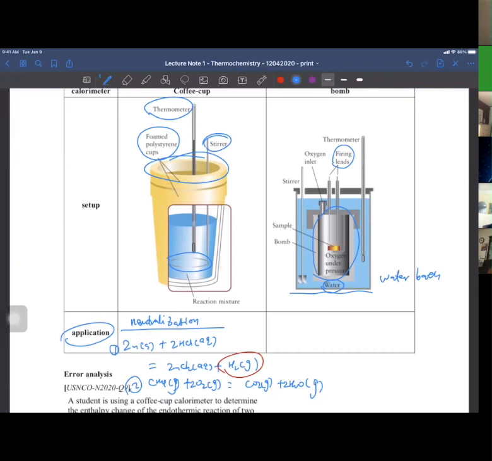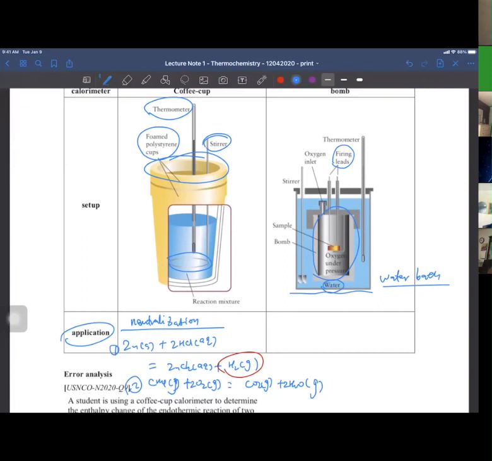It's pretty good for combustion because you can use electricity to ignite the reaction. The reaction occurs in the bomb, the bomb will be heated, and the heat will be absorbed by the water bath.